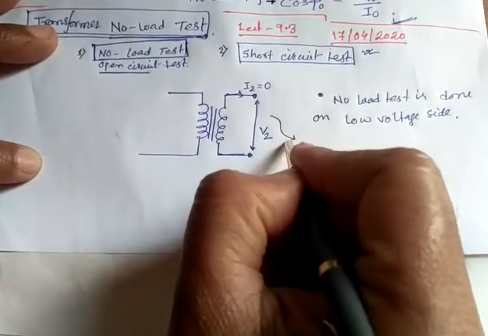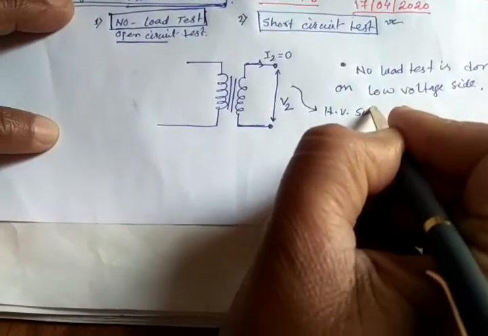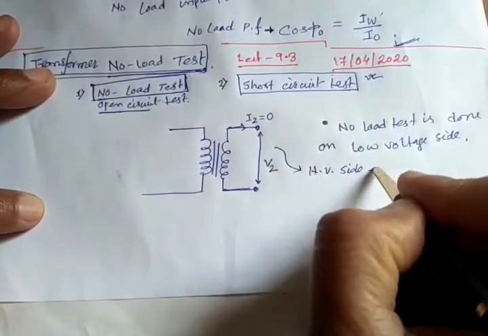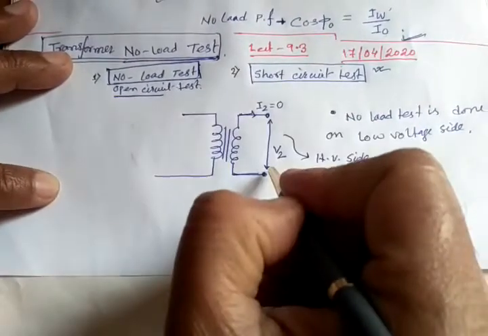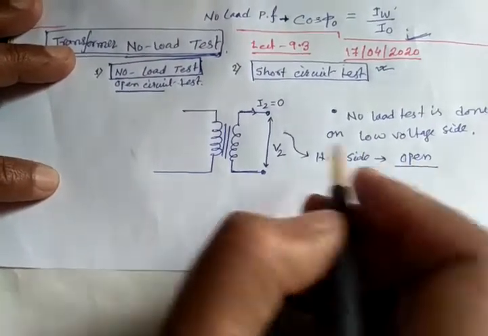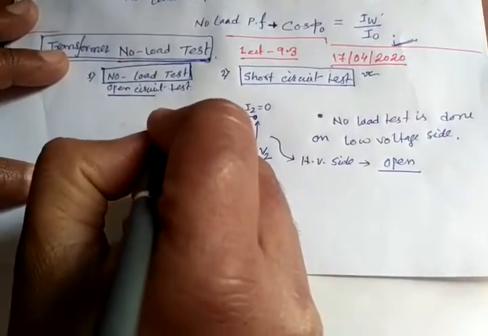This side is the high voltage side, the HV side. The high voltage side is kept open circuited, so no load is connected, and the test is performed on the low voltage side.